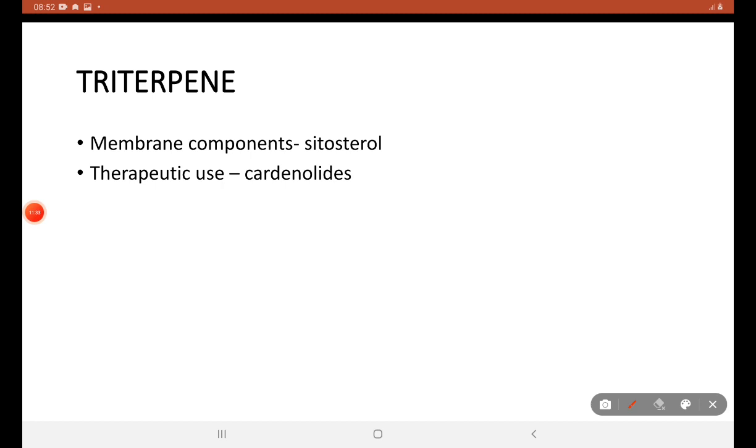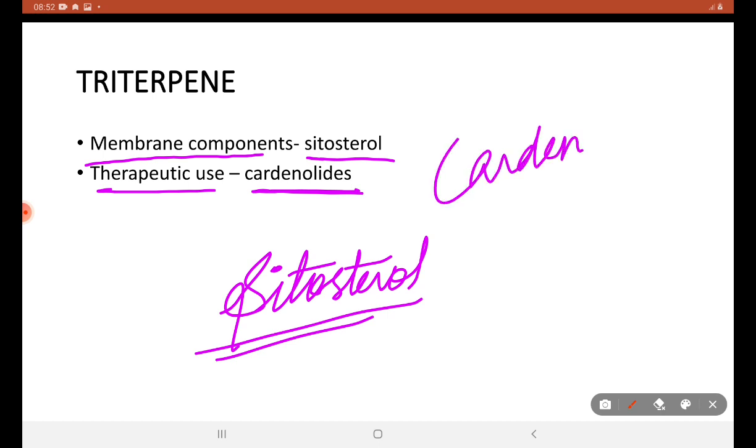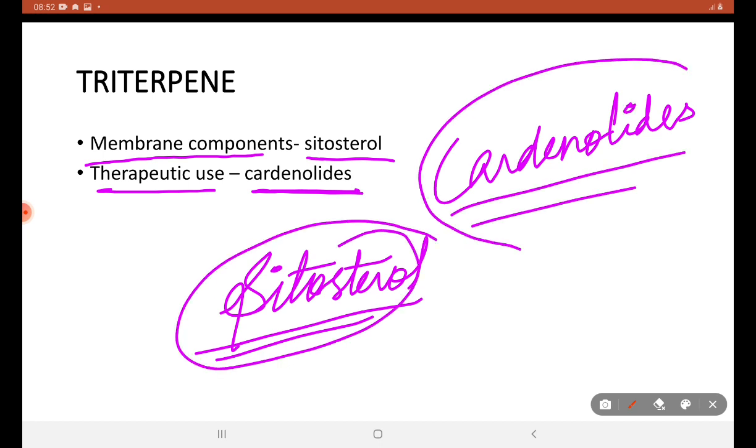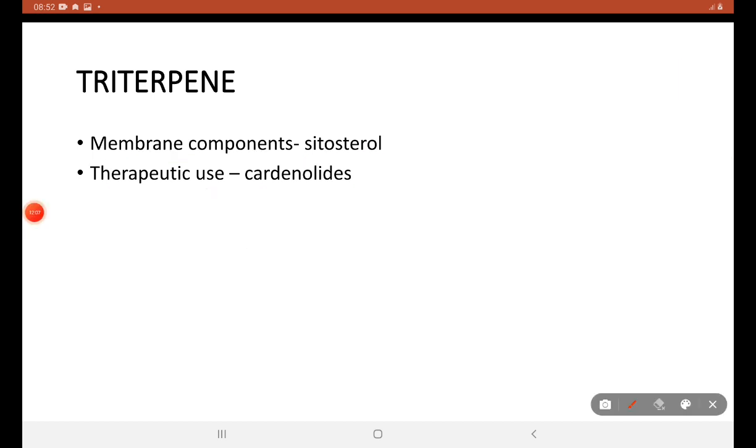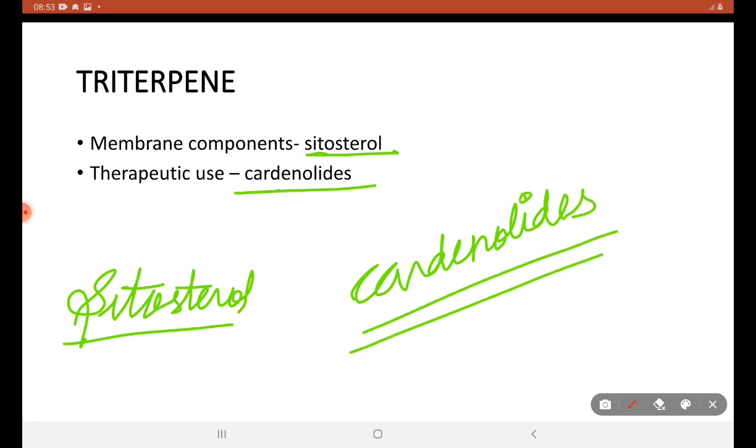Next is triterpene. Membrane-bound components are sitosterol. Therapeutic uses, cardenolides.